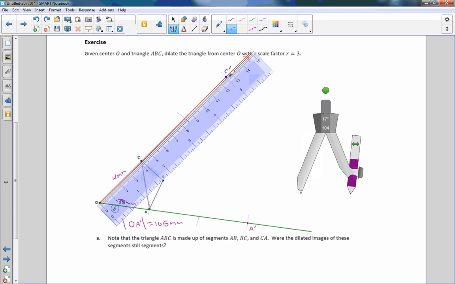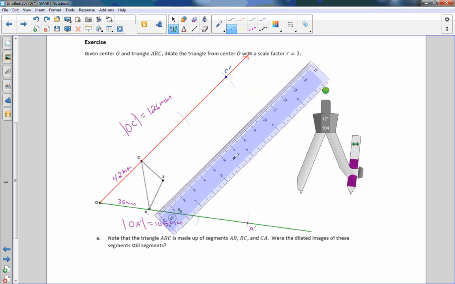And if I measure all the way up to C prime, 42 millimeters times 3 is 126 millimeters, and that is right at 126 millimeters. So OC prime is 126 millimeters, which is 3 times 42.